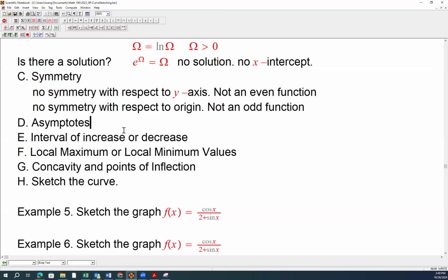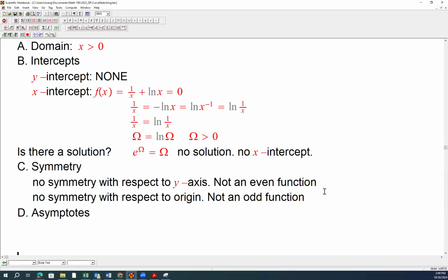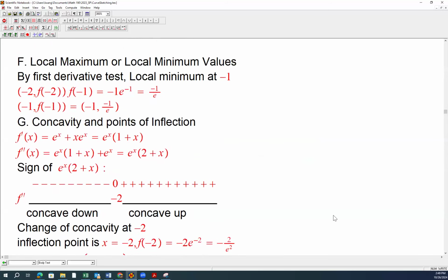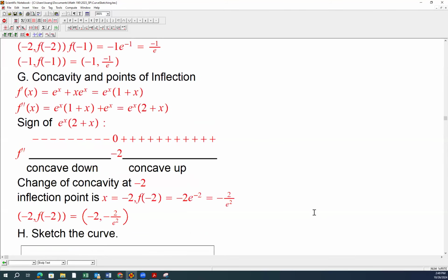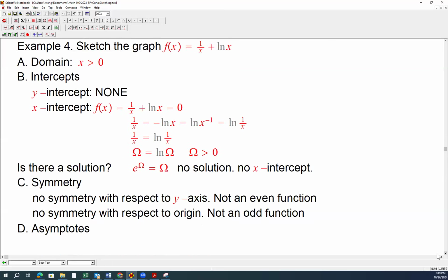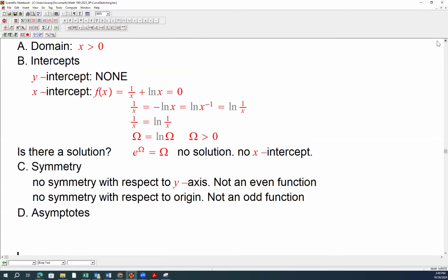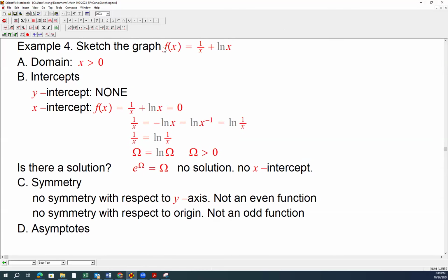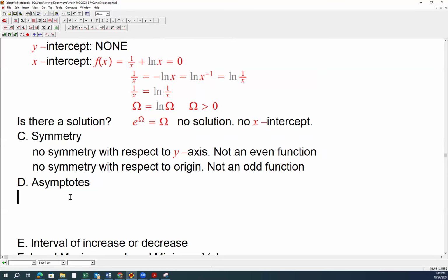Asymptotes. Let's look at x approaching positive infinity. We're not going to take a limit for x approaching negative infinity because the function is not defined there. We obviously are looking at the horizontal asymptote.